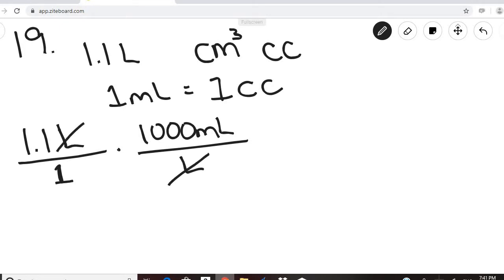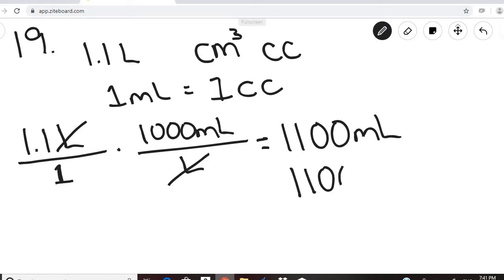So liters cancel, and 1.1 times 1,000 is equal to 1,100 milliliters, and we just said that a milliliter and a cubic centimeter are the same, so it would be 1,100 cubic centimeters. Two significant figures here, two significant figures in our answer.